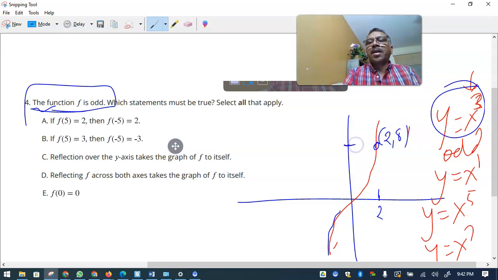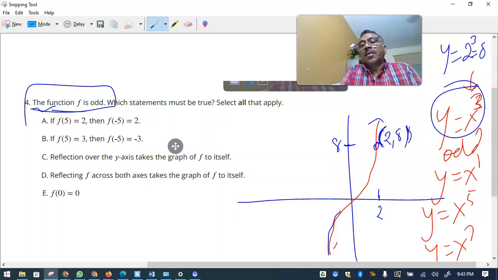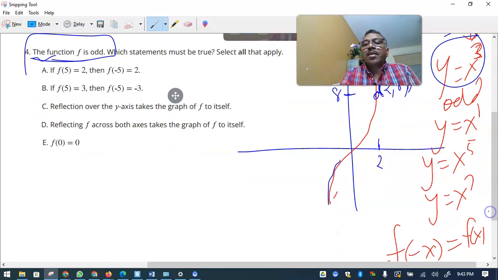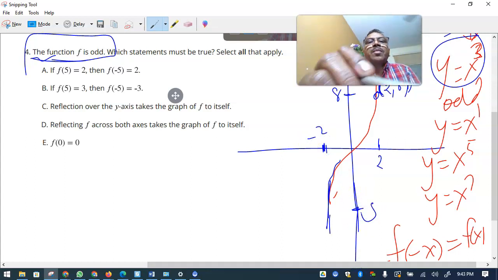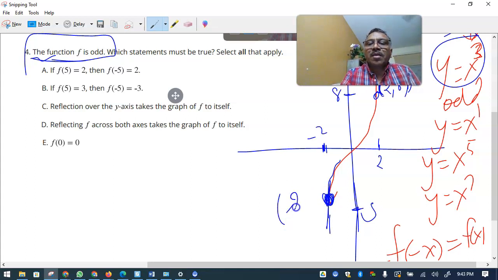Because 2 times 2 times 2, if I plug in, 2 raised to 3 is 8. So the point (2, 8) is a point on the graph. If it is odd, there is a minus 2 here with the opposite input, and the output is minus 8. So there has to be a point right here which is (-2, -8).